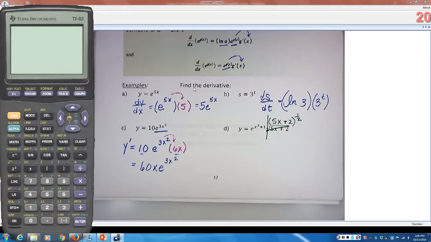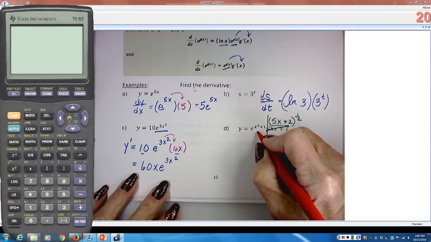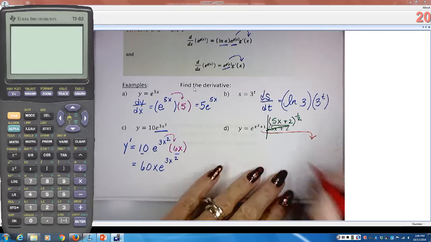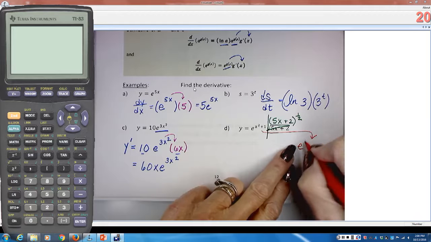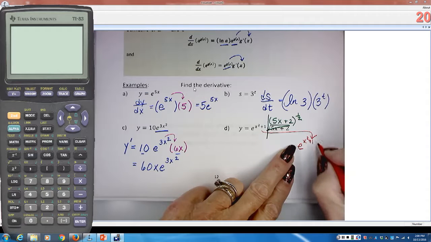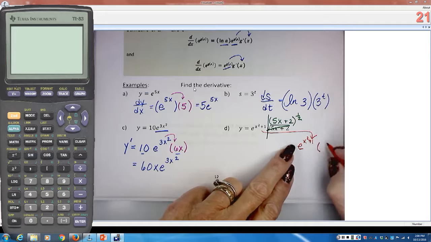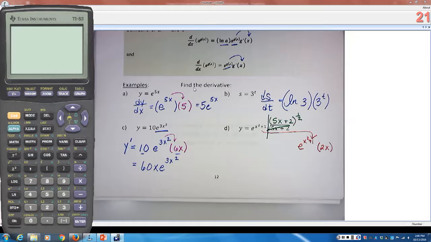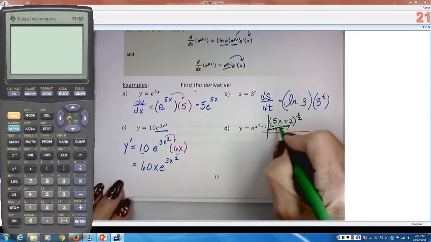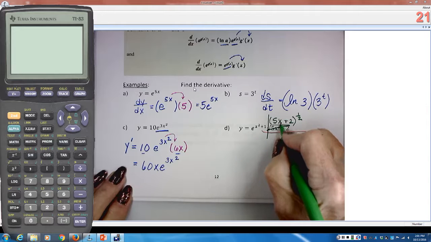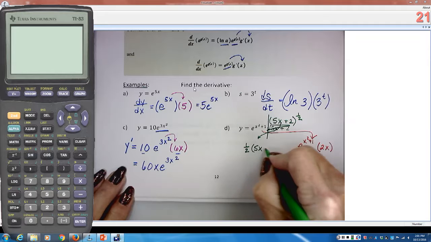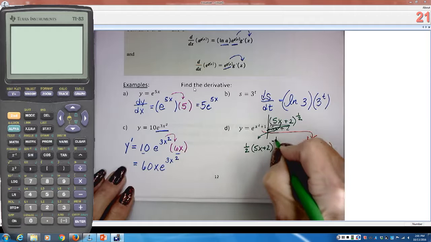So working first on e to the x squared, the derivative, since I know I'm going to need to multiply it on this side, the derivative of e to the x squared plus 1 is e to the x squared plus 1 times 2x, which is the derivative of the power. And the derivative of 5x plus 2 to the 1/2 is going to be 1/2 times 5x plus 2 to the negative 1/2.